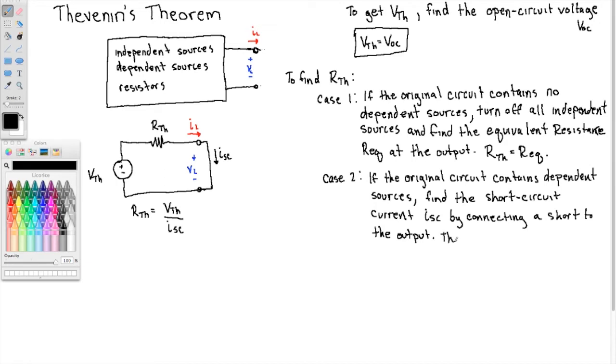Then R Thevenin equals V Thevenin divided by ISC.